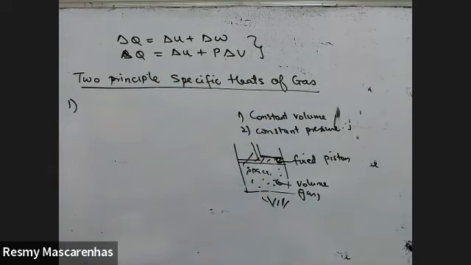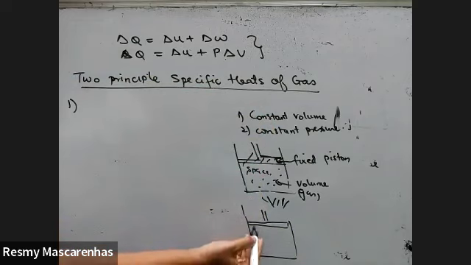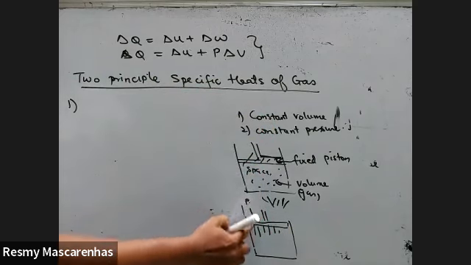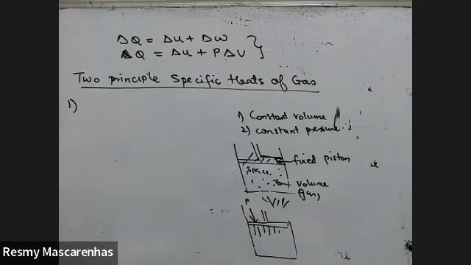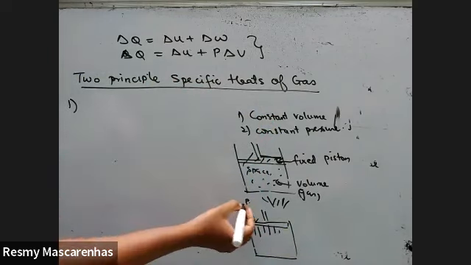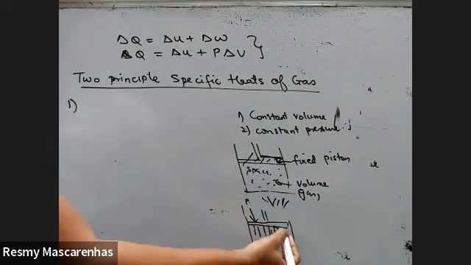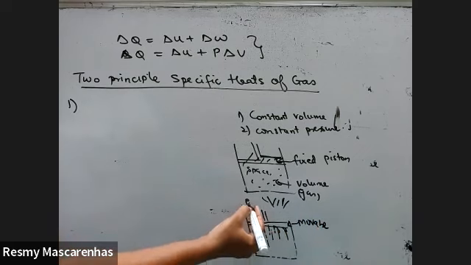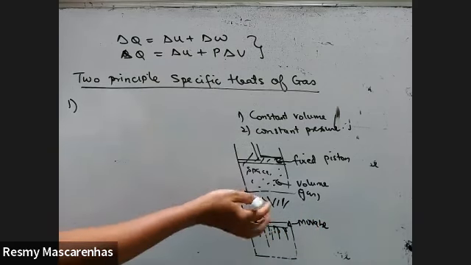The second case is where you try to keep constant pressure. Even if the gas is heated, the piston is movable, but you try to keep a constant pressure. This pressure you are not changing. Volume might increase or decrease, it might go up or down. The piston is movable, but the pressure we initially put on it will remain the same.